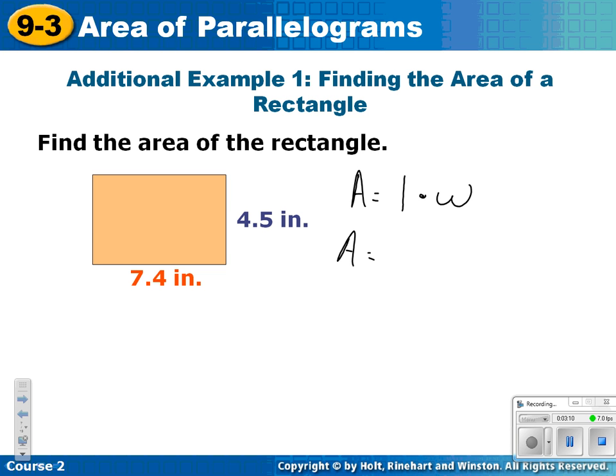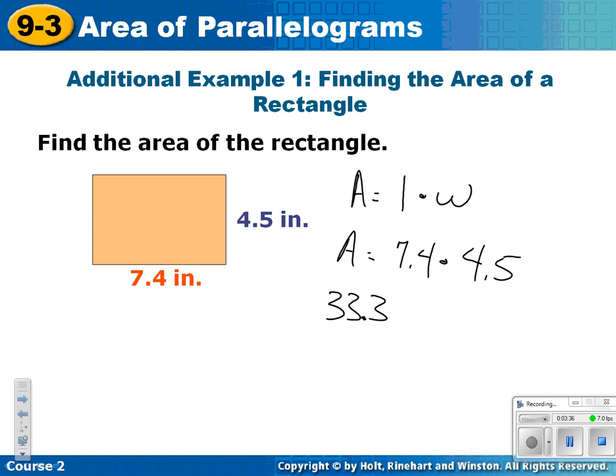A equals 7.4 times 4.5. All you do is plug the numbers in. 7.4 times 4.5 is 33.3.